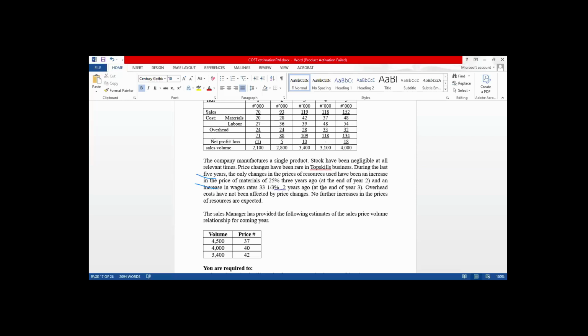Also, an increase in wages rate, 33.13%, 2 years ago. Overhead costs have not been affected by price changes. So we need to bring out the costs, including increase in cost.